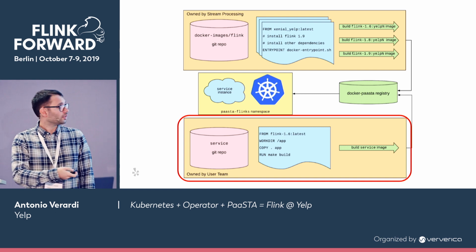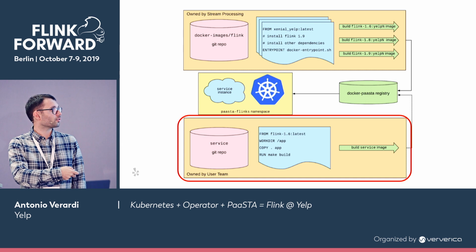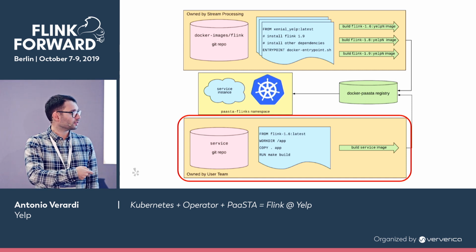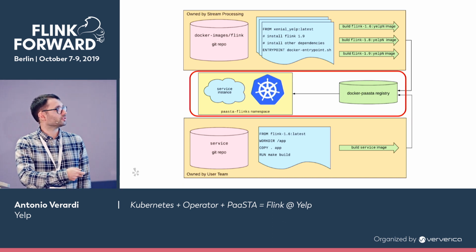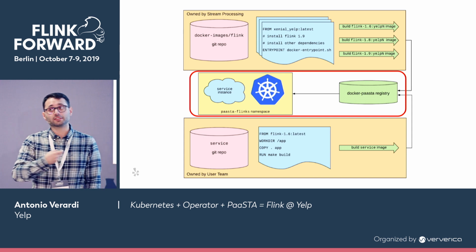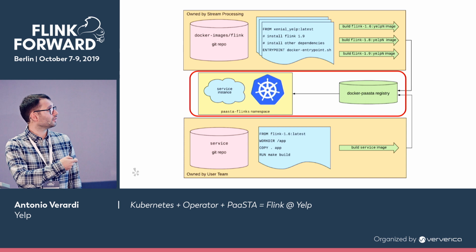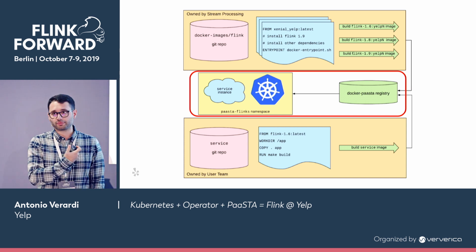The users write their service code, and then they define a simple Dockerfile inheriting from one of the base Flink images, and then they just add the code to the Dockerfile and push it. Once it reaches the Docker PaaSTA registry, and it's matched with a YAML resource definition in Yelp configs, then our operator will pick it up and create the service instance, so the Flink cluster.